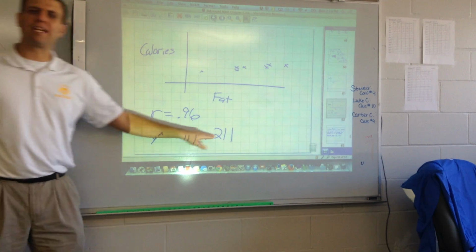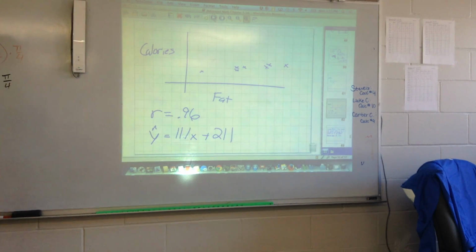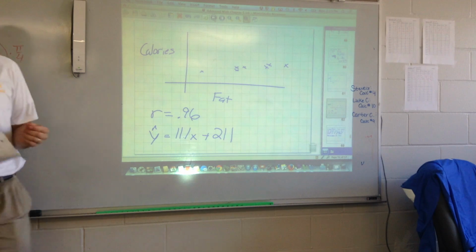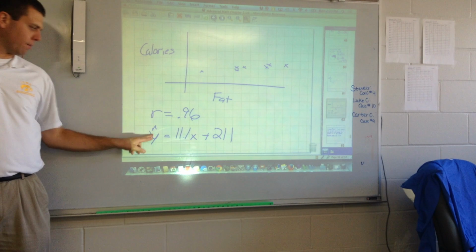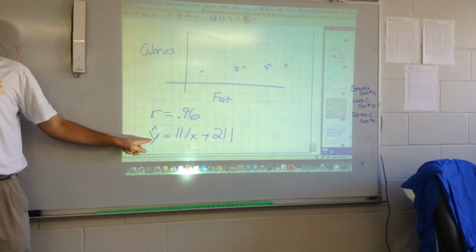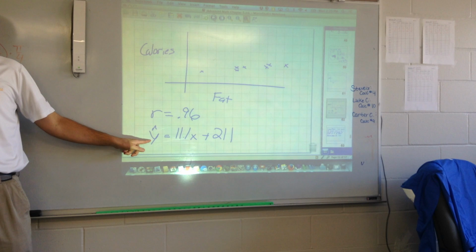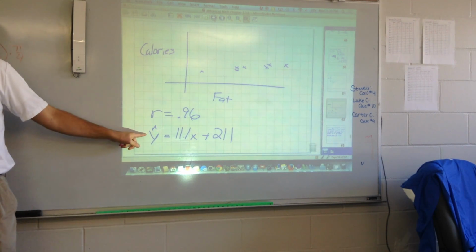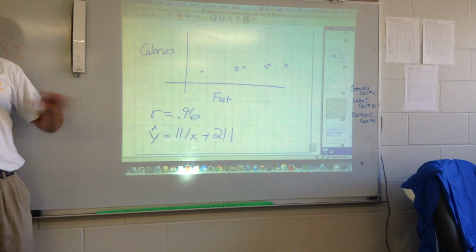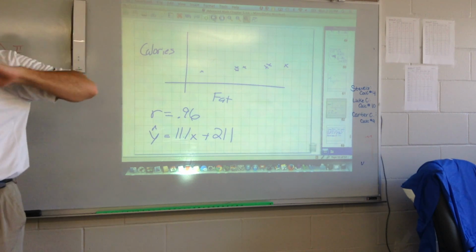So if I knew this sandwich had 32 grams of fat in it and we're going to predict how many calories it has, I could use this linear model to help me make a prediction. That answer I get for y, that's my predicted value. Does it mean the sandwich definitely has that many calories in it? No, it's a predicted value. It's not perfect. Not everything falls exactly onto that line.